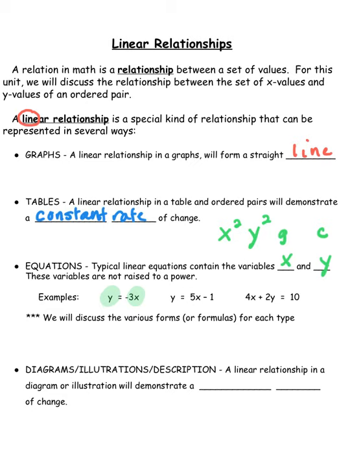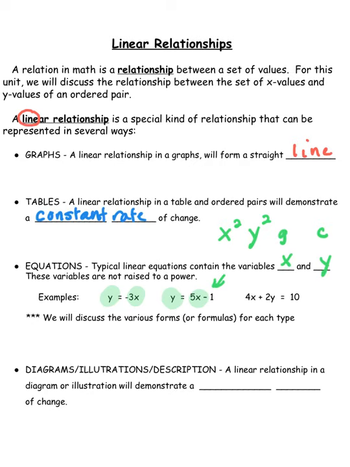The next equation, y equals 5x minus 1, we also have a y and an x. This one has a coefficient, meaning a number in front of x, and it also has a number right there without a variable that we refer to as a constant. It looks very similar if we didn't have this minus 1.